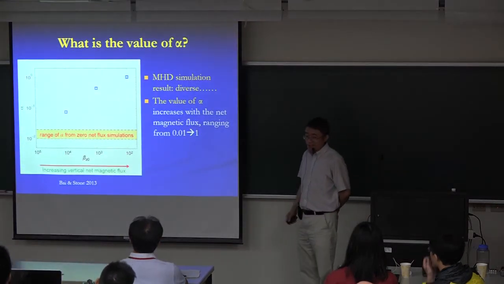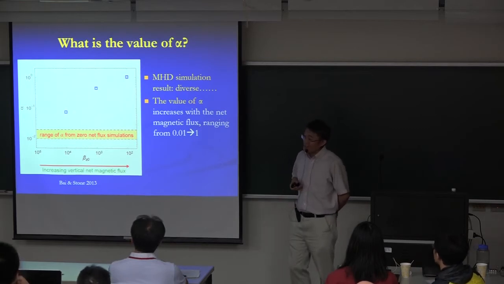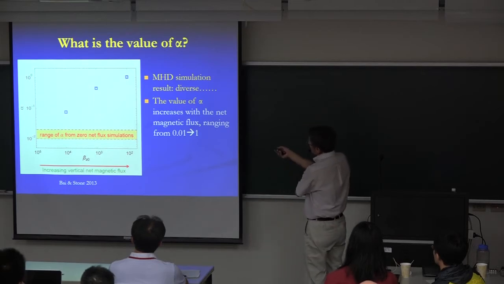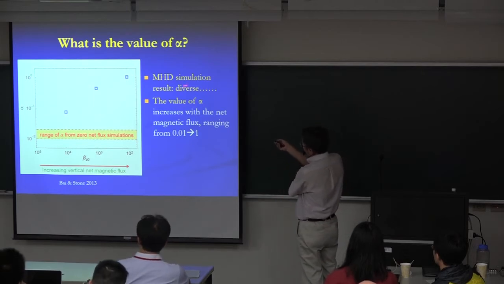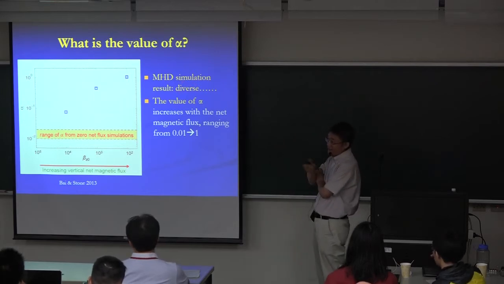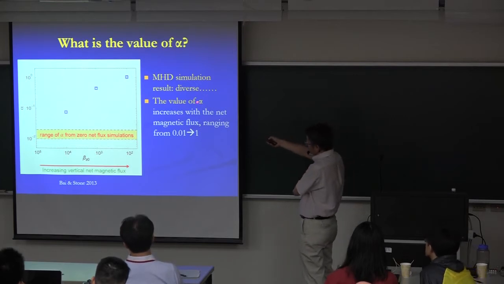Another thing I think you have interest in: what's the value of alpha? This is for very practical use. However, in MHD numerical simulations, the results are quite diverse. Different people, different setups, different groups have different results.